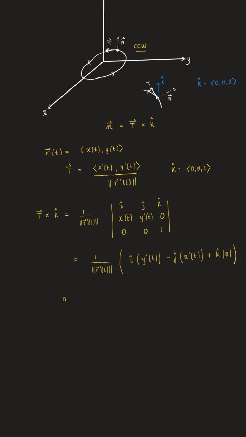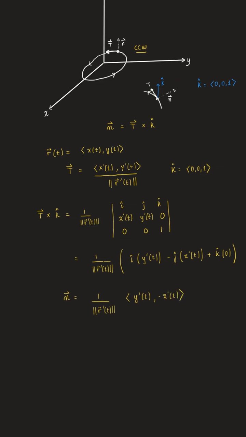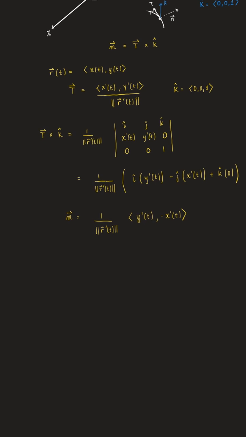And so our normal vector is going to be 1 over the magnitude of r prime of t times the vector y prime of t, negative x prime of t. So now we can write our flux as follows. The flux can be calculated in terms of t being an arbitrary parameter, where t is between two values, a and b.